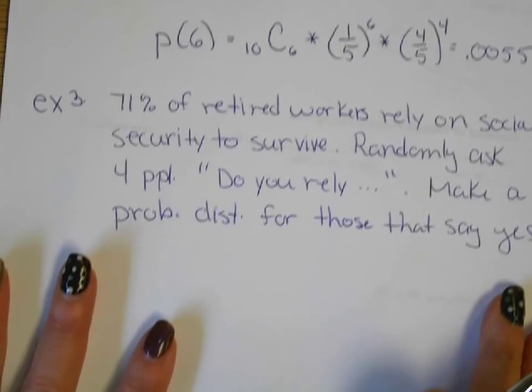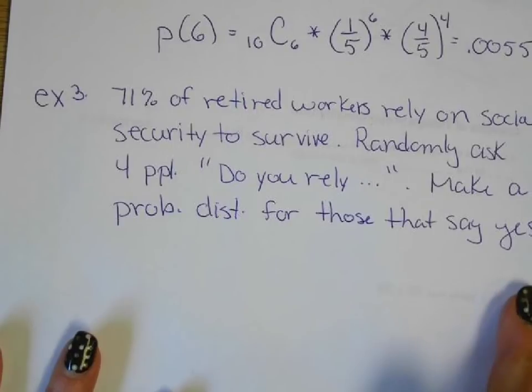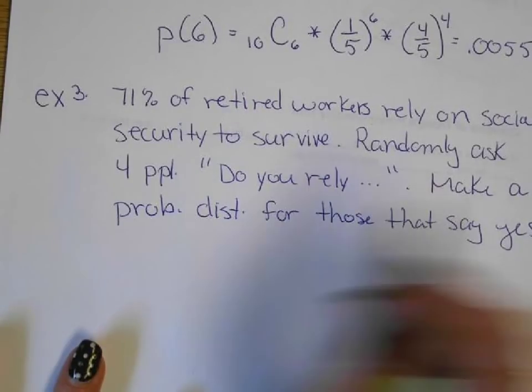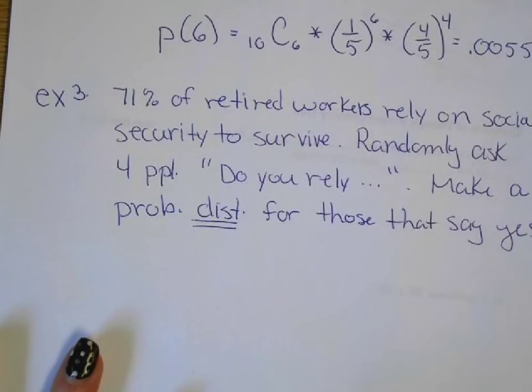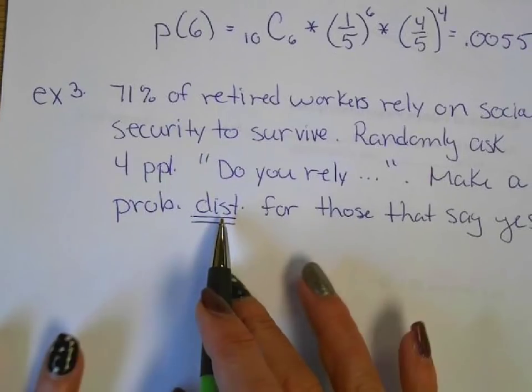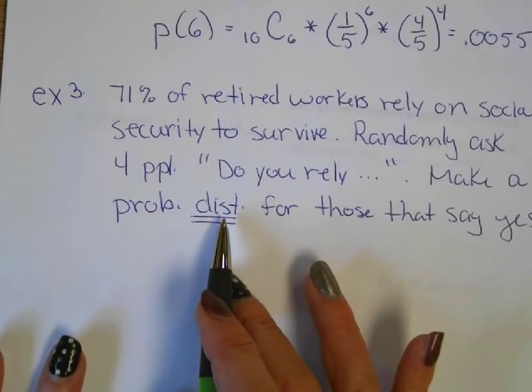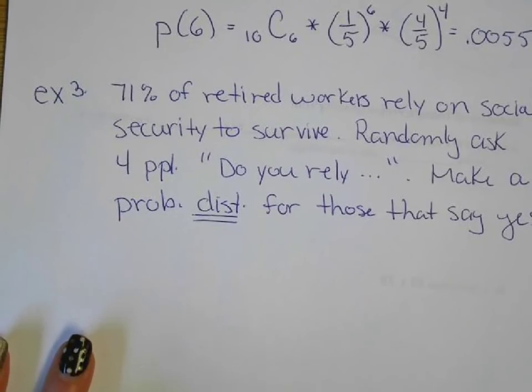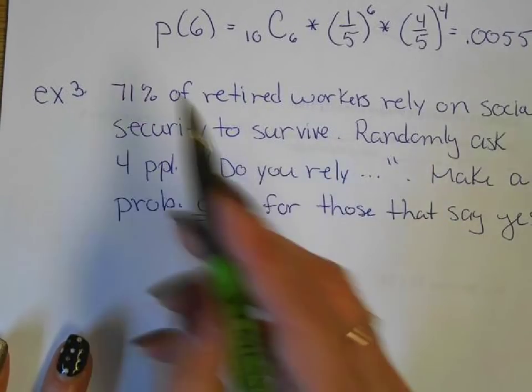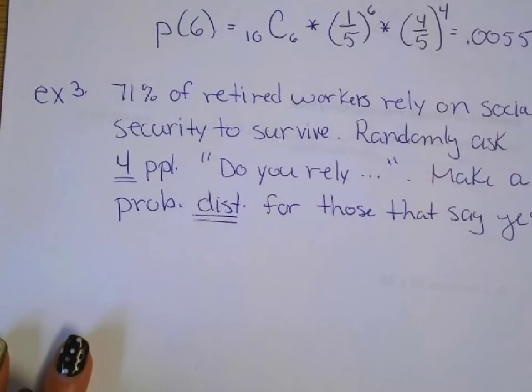So let's make sure this is binomial, and we'll pick out all of our values, the n, p, q, and x. And remember, a probability distribution just shows all possible number of successes. So it's a whole table we'll be making. So first, am I repeating this for a fixed number of trials? If you read through here, I'm going to ask 4 people.